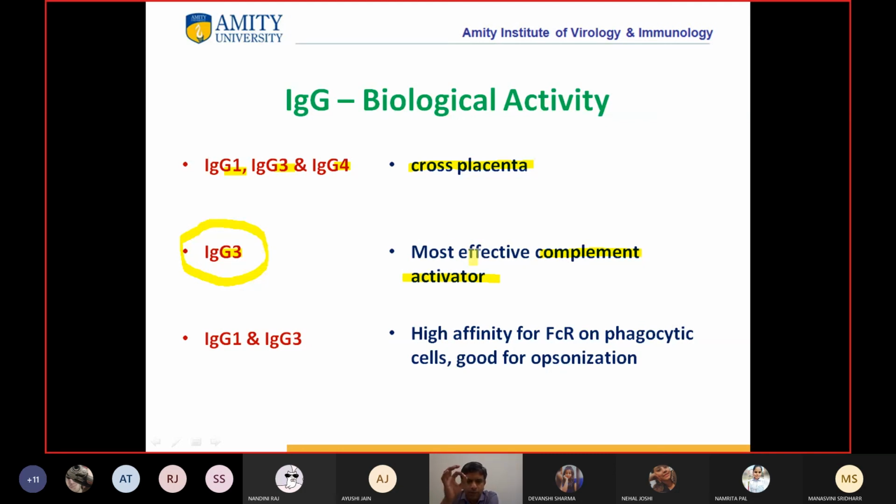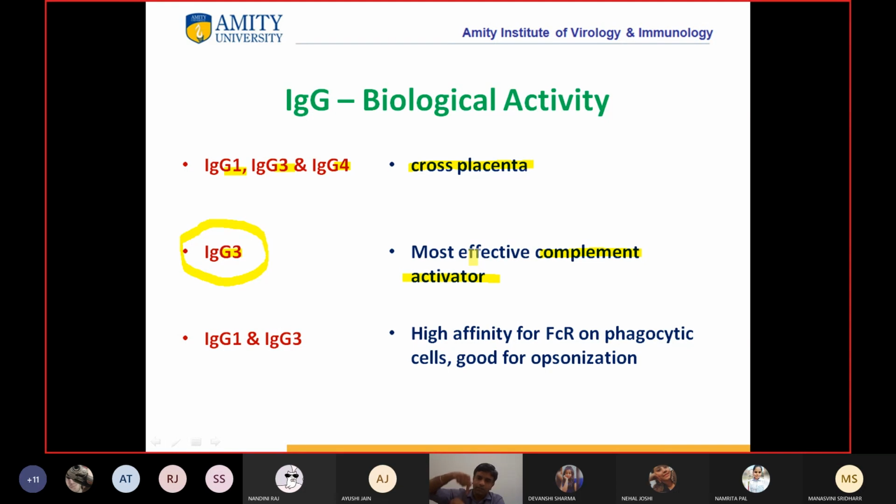Because, see, I had said this earlier: what is the role of antibodies? One of the roles is binding, but binding of the antibody to the antigen will not lead to killing of the pathogen.